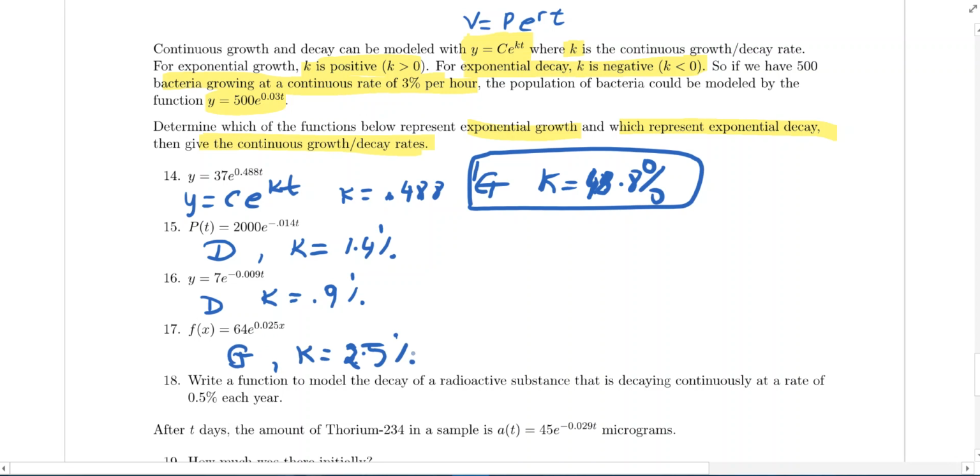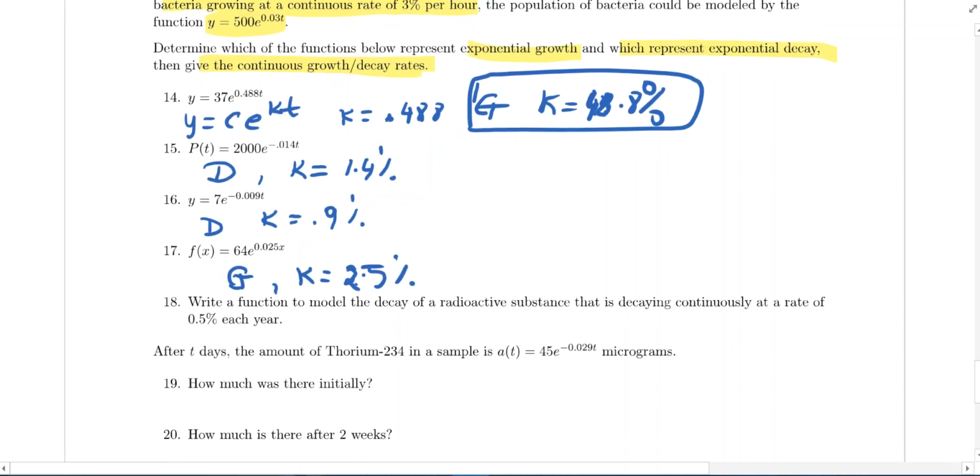Now for number 18, we're asked to write the function that models the decay of a radioactive substance that is decaying continuously at a rate of 0.5% each year. So continuously, guys. So this means that I'm going to use this formula, y equals CE to the KT. So write the function.